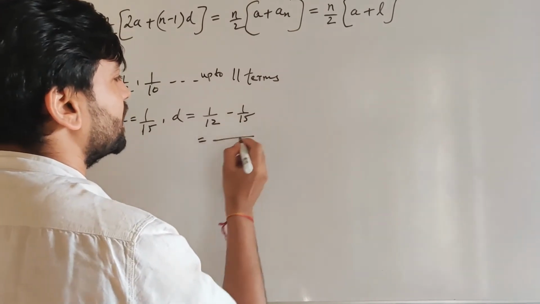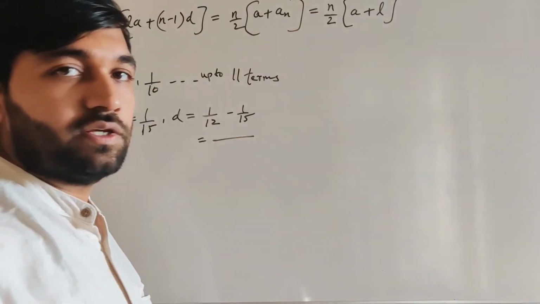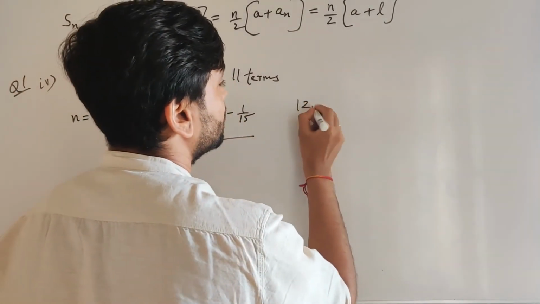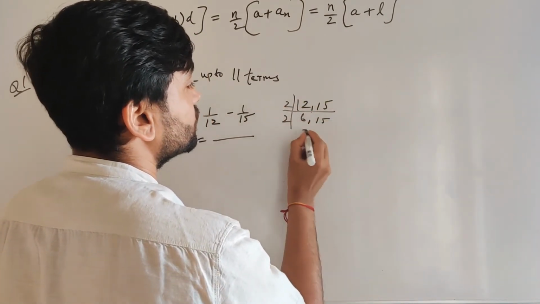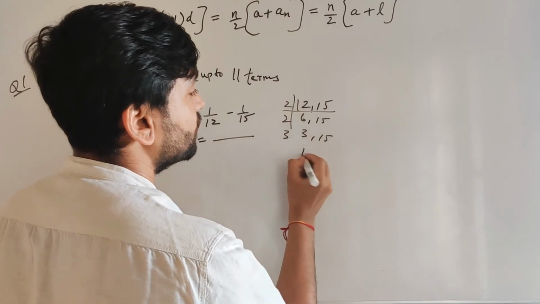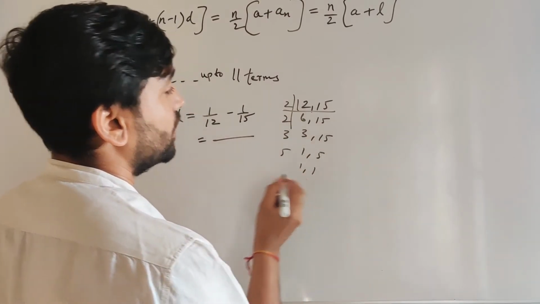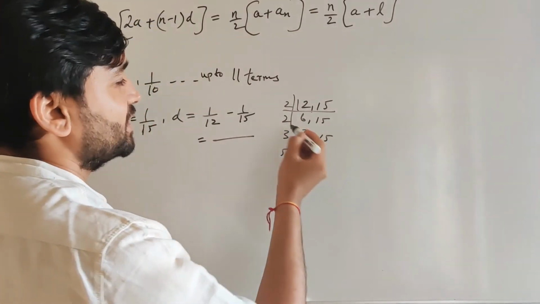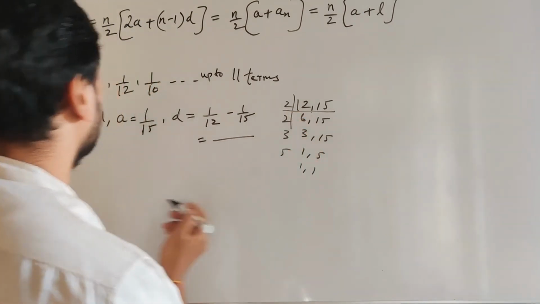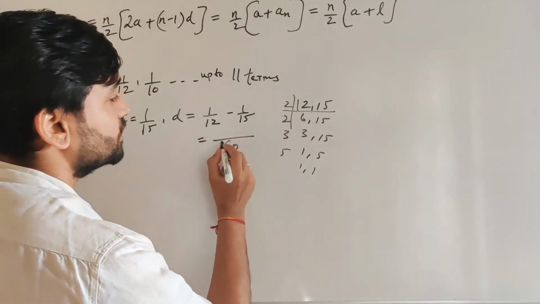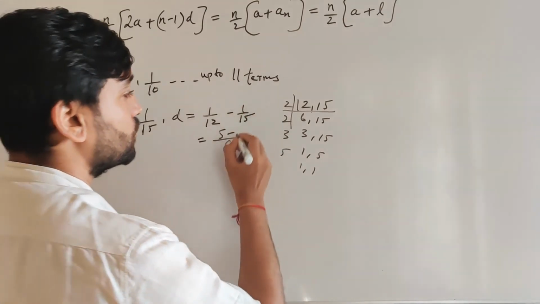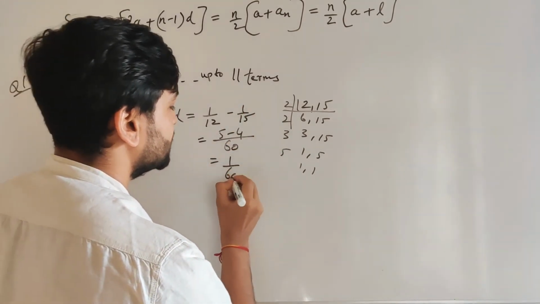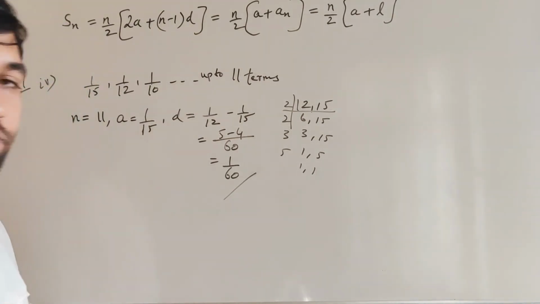For 12 and 15 we take the LCM, which is 60. 60 by 12 is 5, 60 by 15 is 4, and 5 minus 4 gives 1 by 60 as the common difference.